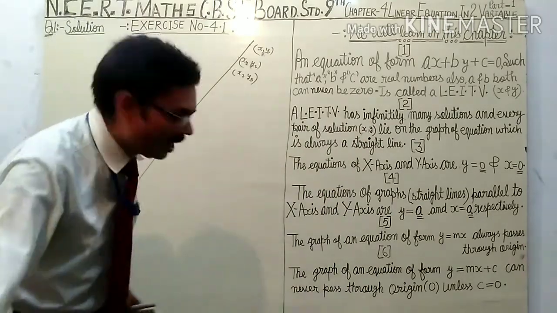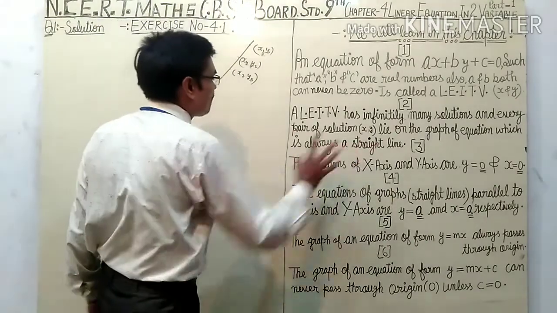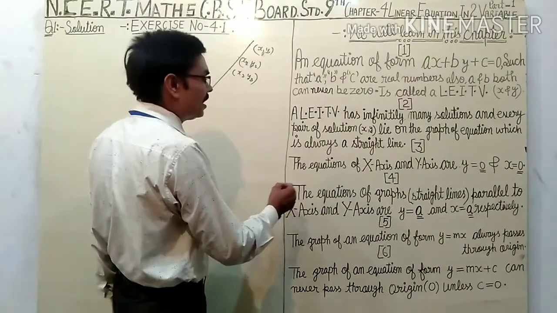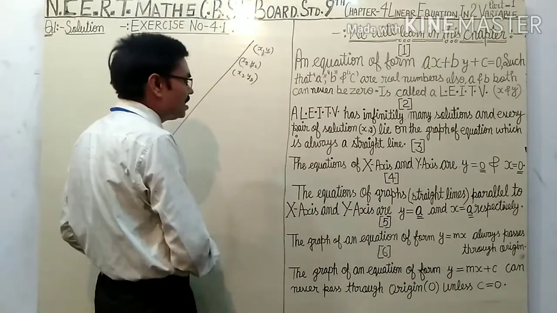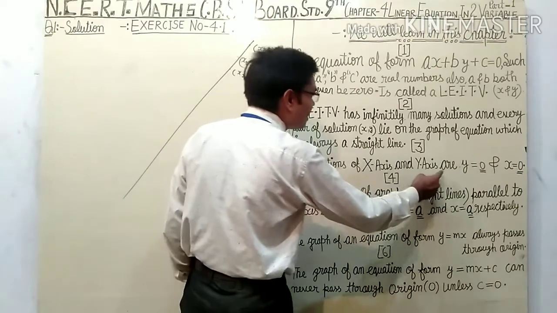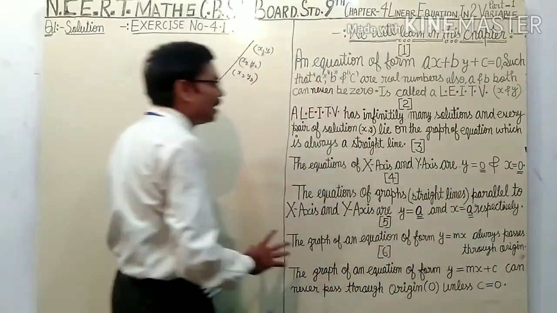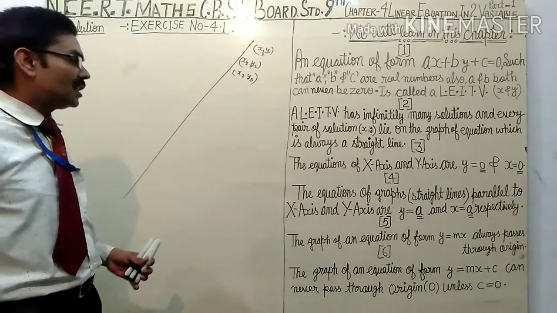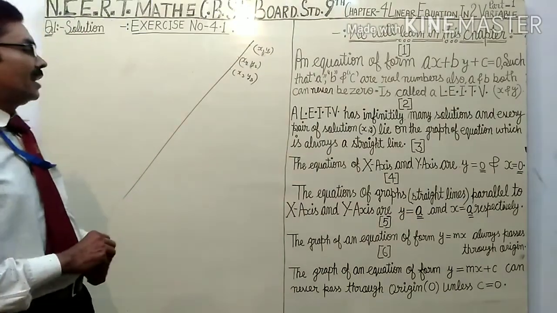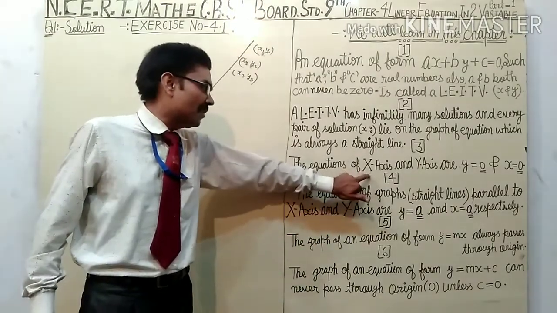I think all of you understood completely. Now come to the third point, which is the most important point. Students, the equations of the x-axis and y-axis are y equals 0 and x equals 0. For example, if someone asks you the equation of the x-axis, you will say, just opposite of x, y equals 0.